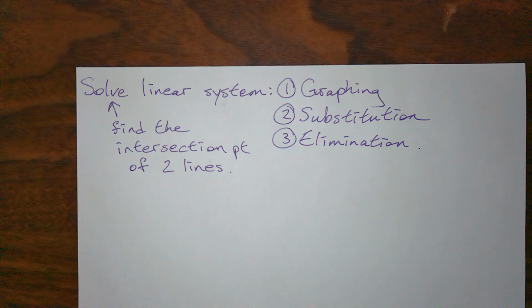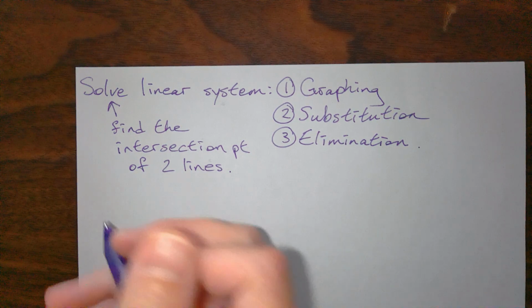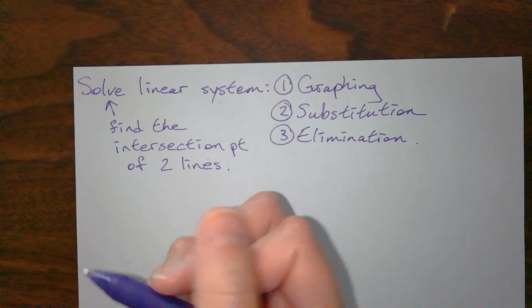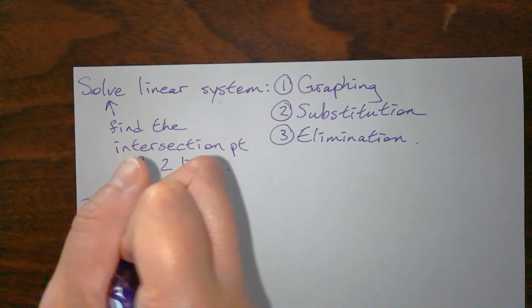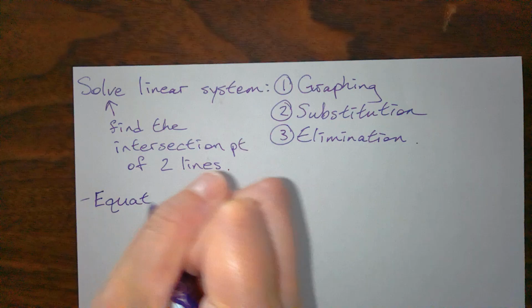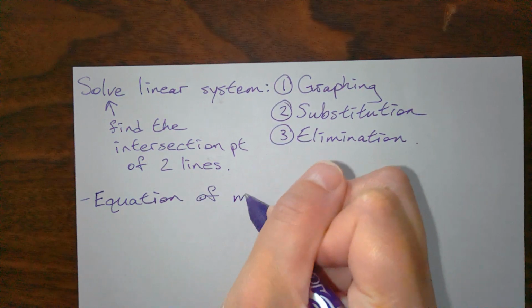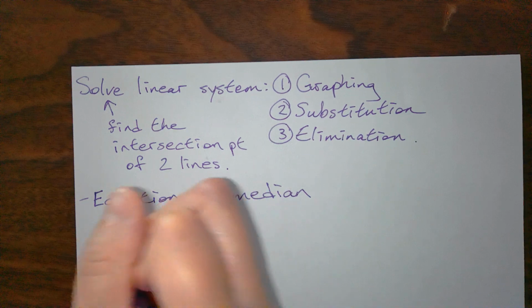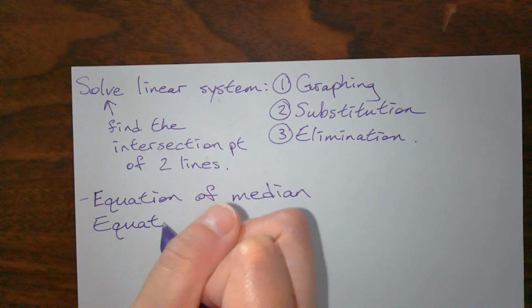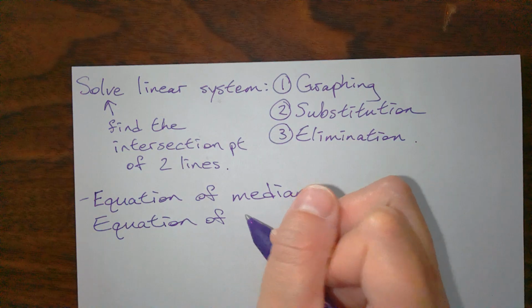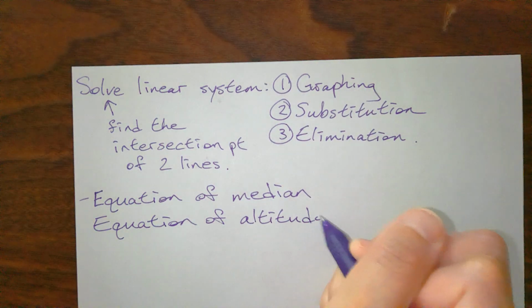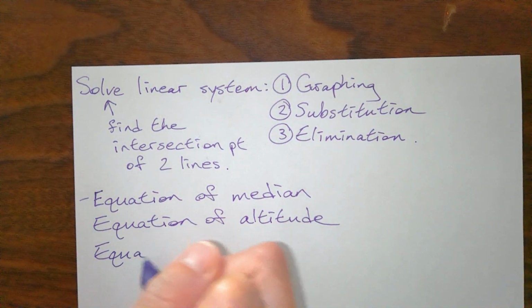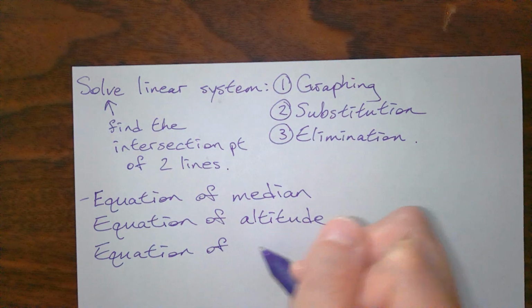That was basically chapter 1. In chapters 2 and 3, we talked about the equation of a median, or equation of an altitude, or equation of a right bisector.